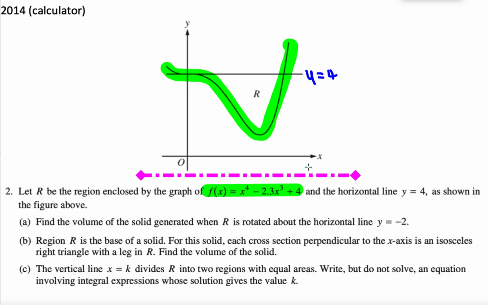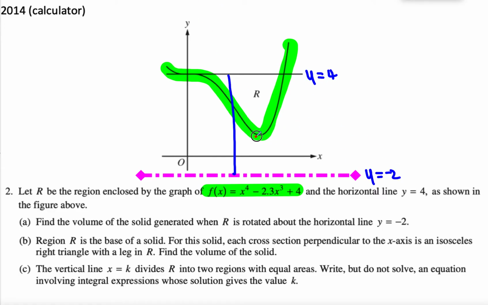In this case, we actually have to find the volume, not only set it up. So we have to get the outer radius and then the inner radius. Outer radius would have been this one, from 4 all the way down to y equals -2, so a total of 6 units.